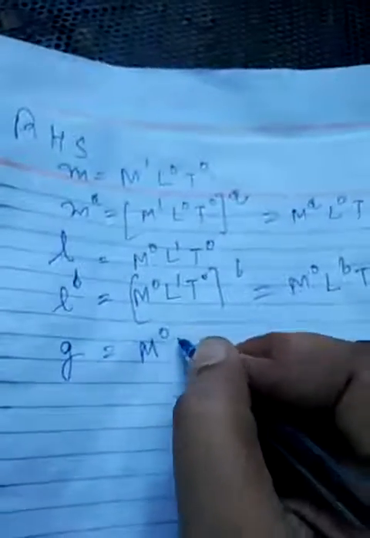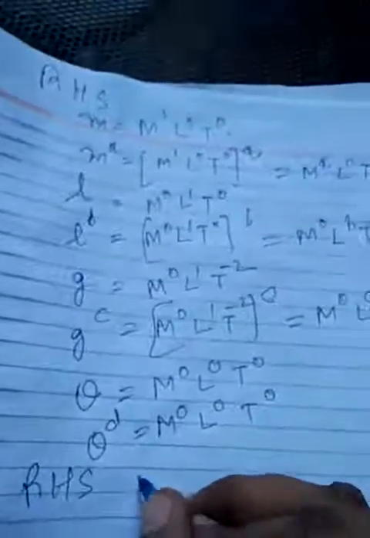Then we have g, that is m0, l1, t minus 2, the acceleration due to gravity. g^c will be m0, l1, t minus 2 raised to the power c, so we get m0, l^c, t^(minus 2c). Then theta. Theta has no dimension, m0, l0, t0. So theta raised to the power d is m0, l0, t0.